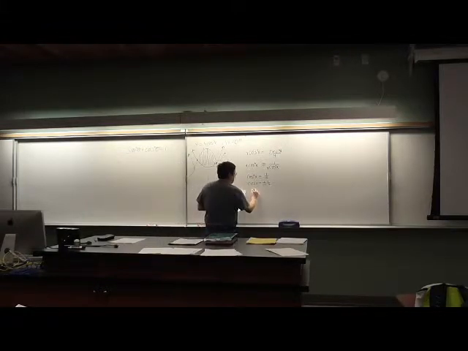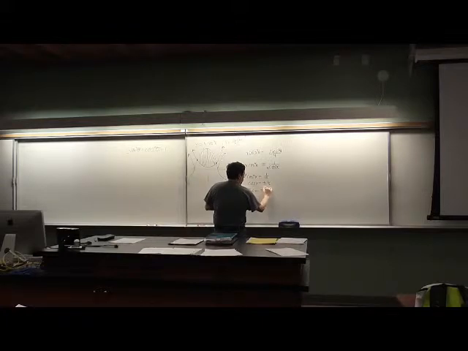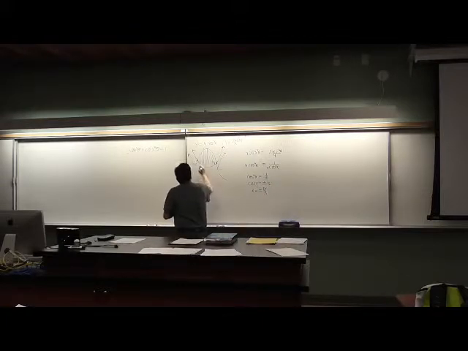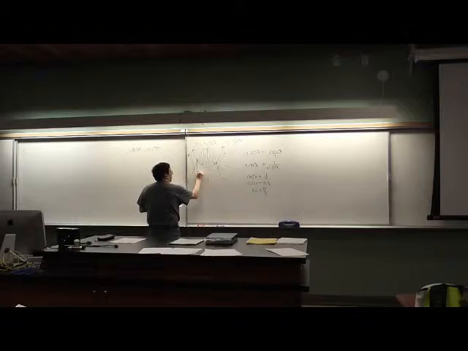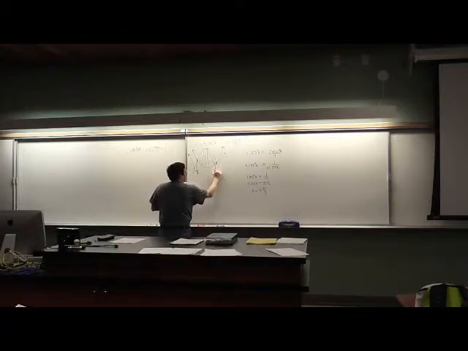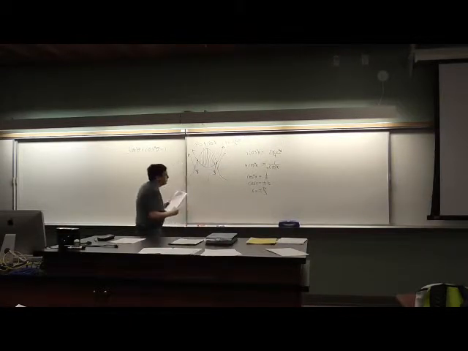Which means that the points are going to be plus or minus pi over 3. So there's negative pi over 3, and here's pi over 3.